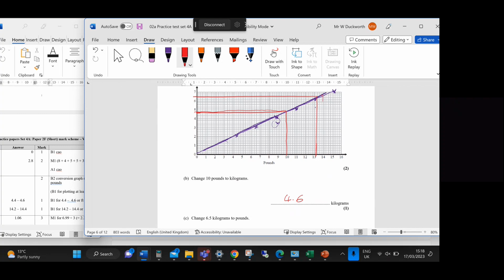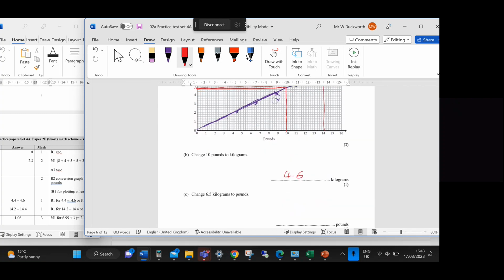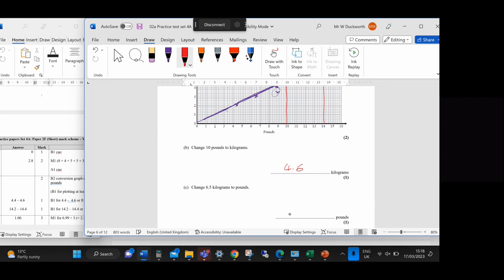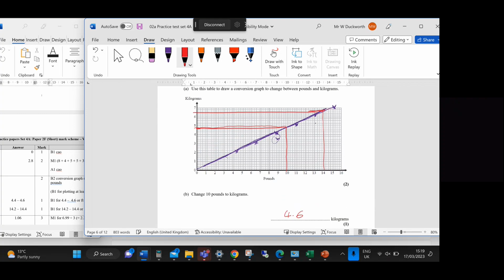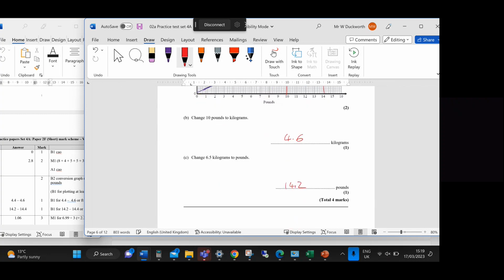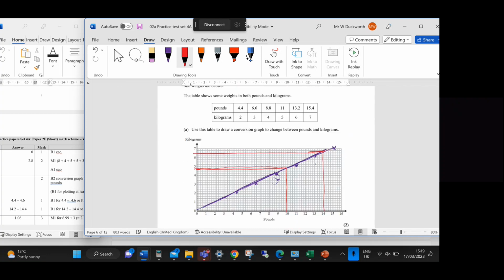Actually, that's my point, isn't it? So my straight line's not very good. My graph should have hit there. So we're looking at just over 14, so we'll go 14.2. But again, I've not drawn my graph particularly well because I haven't got a ruler. If you draw it using a ruler, I'm sure you get much clearer answers.